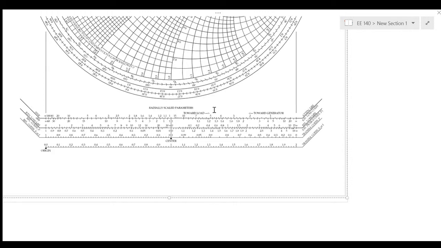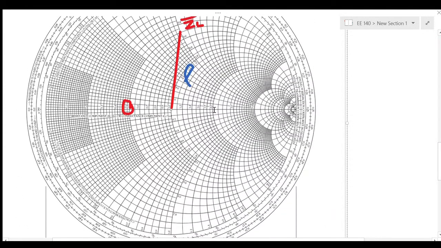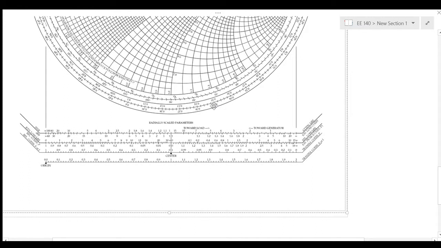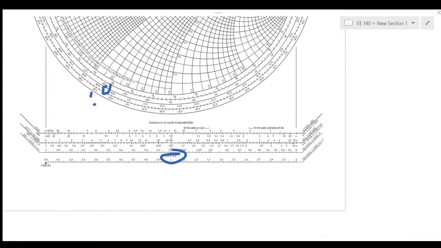So I'm just going to use a piece of paper and come down, measure that length from the center, the starting point, to the end point, and we get something about right here.